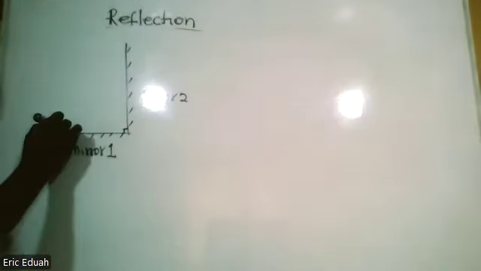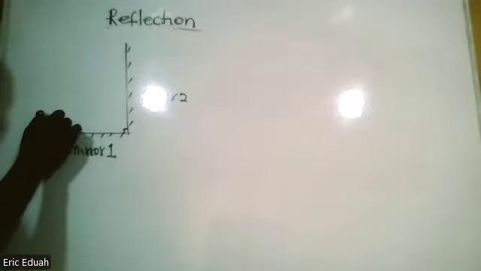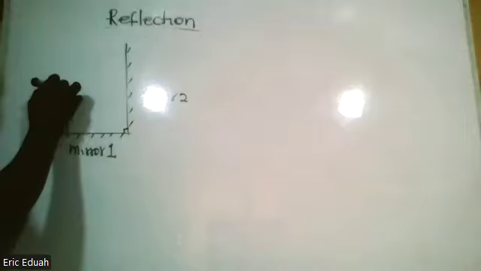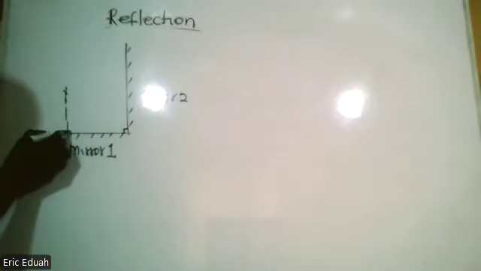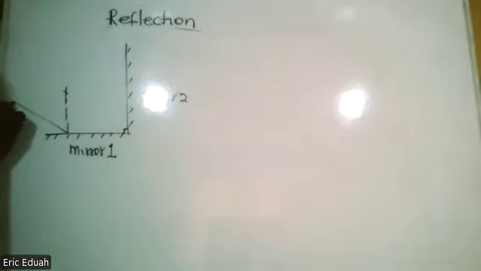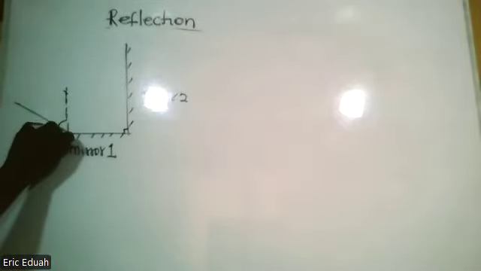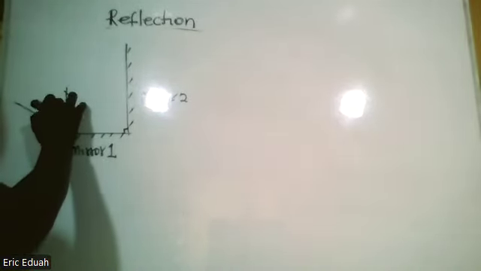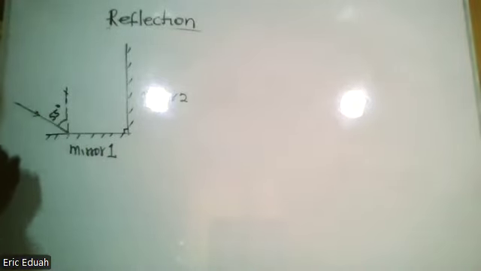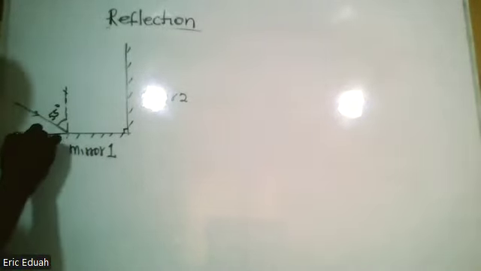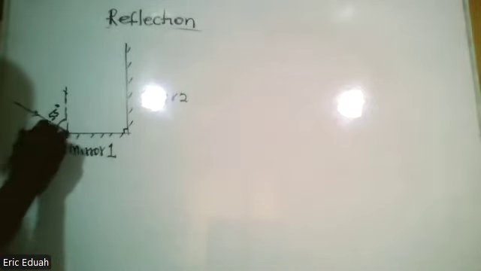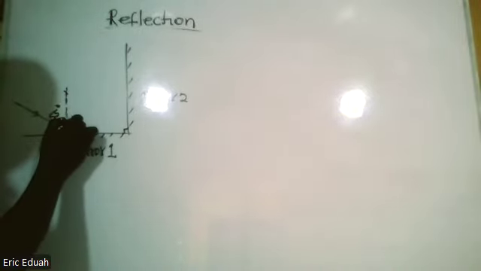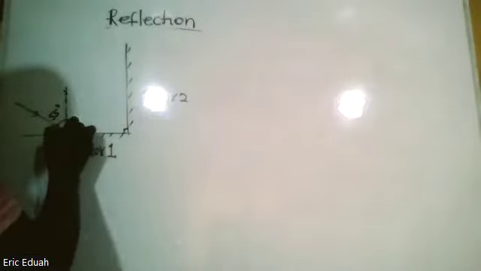So we'll need a normal because we are incidenting a ray and we have to measure. If the normal to mirror 1 is this, then this is incident so that the angle of incidence here is 55 degrees. When it is incident on the mirror, it will reflect and obey the laws of reflection.